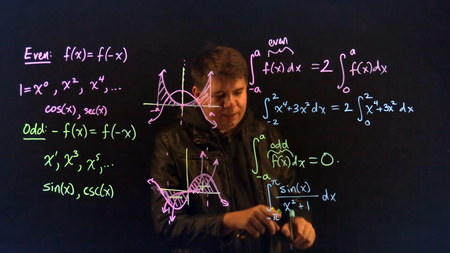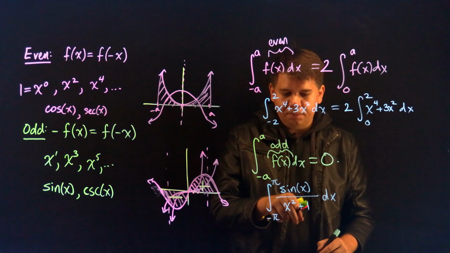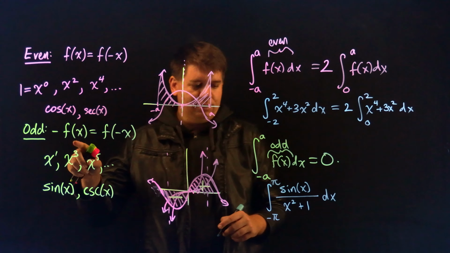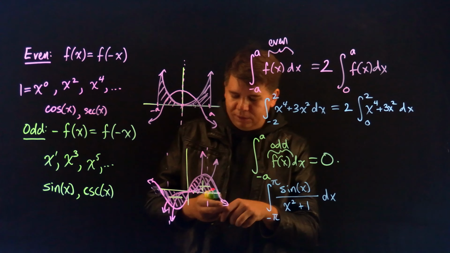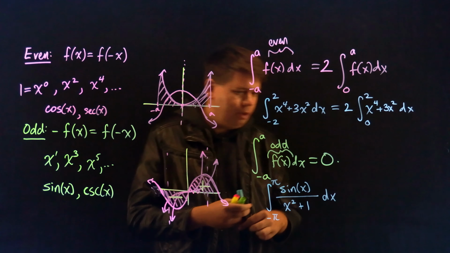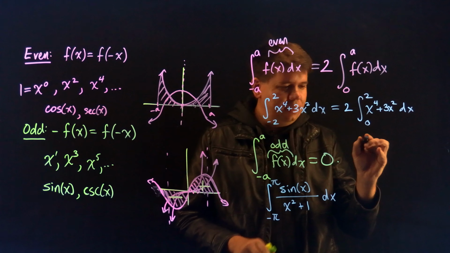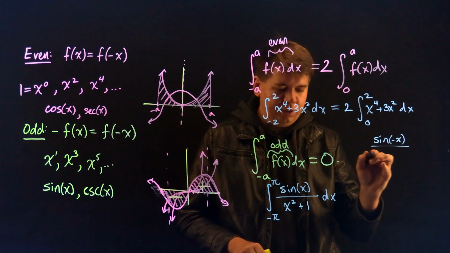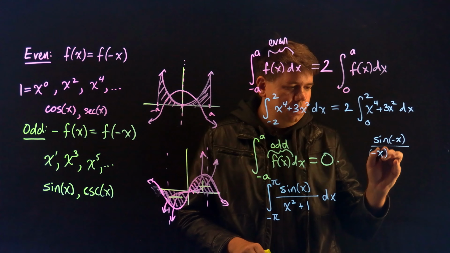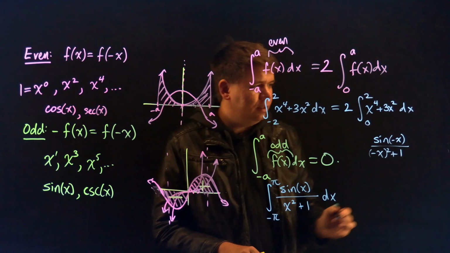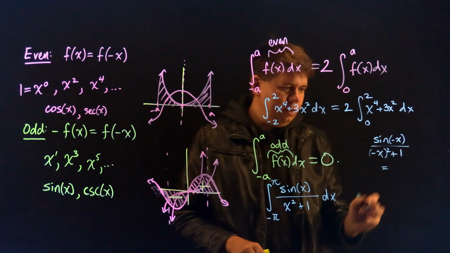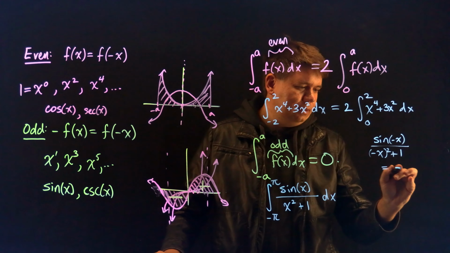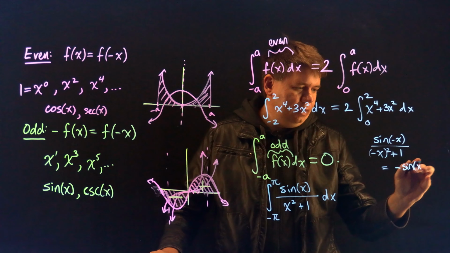Now, looking at that, it may not be obvious that it's odd, but take a second to think, what happens when I plug in negative x? I'll just do it up here. Sine of negative x over negative x squared plus 1. Well, simplify it: sine is odd, so sine of negative x is negative sine of x.